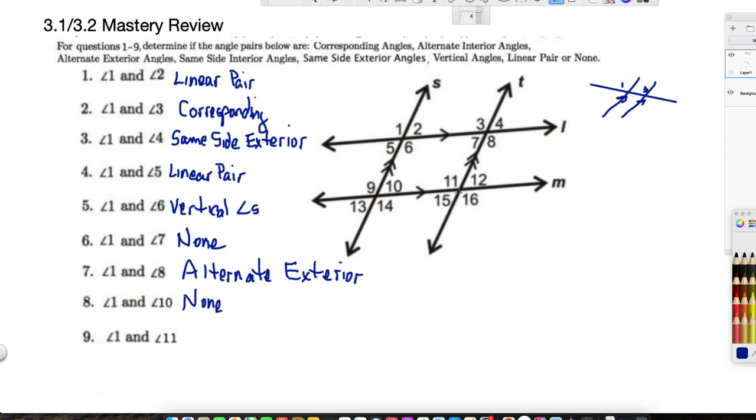And 1 and 11, also none. Oh, I got a lot of nones here.